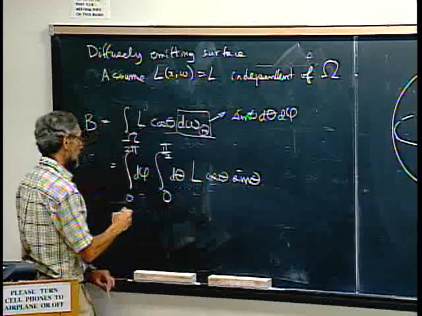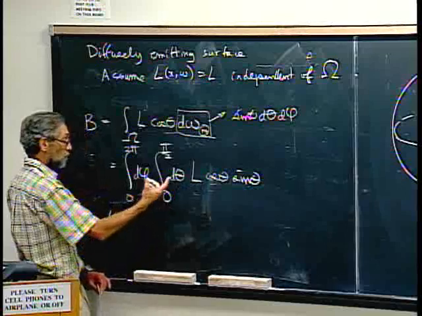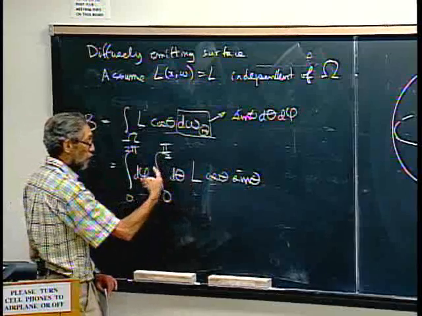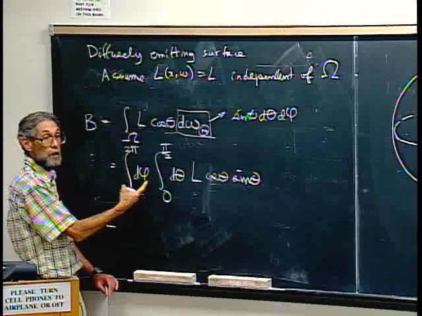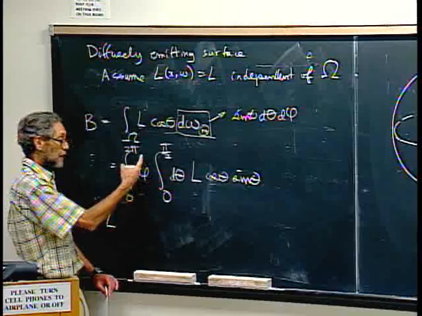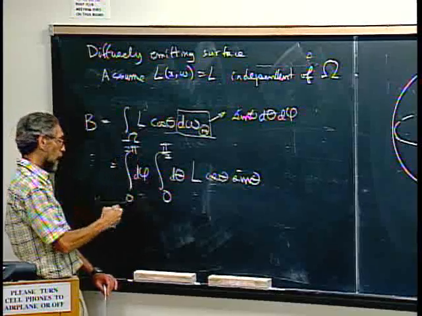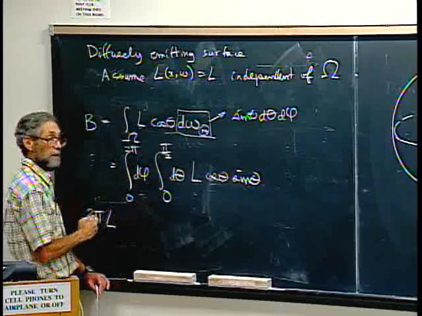And now I can take L out of this integral as a constant, and this part also doesn't depend on phi. It only depends on theta. So I can integrate d phi as just 2 pi.